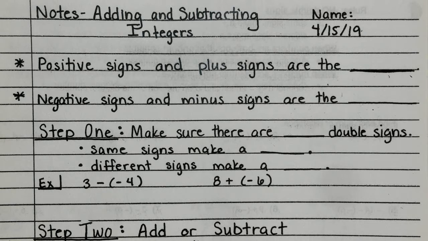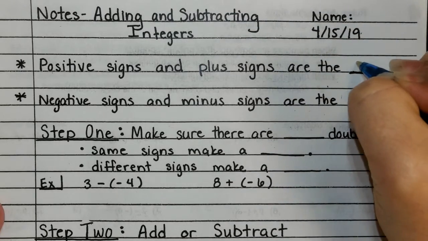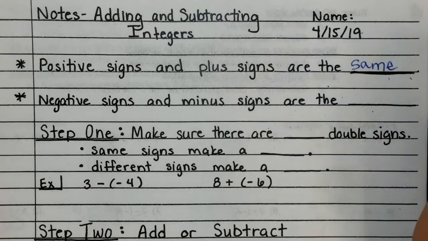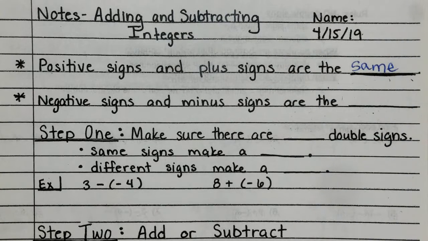Okay, first thing we need to know: positive signs and plus signs are the same. Guys, if you see a plus sign, it is the same as a positive sign, meaning they mean the same thing.